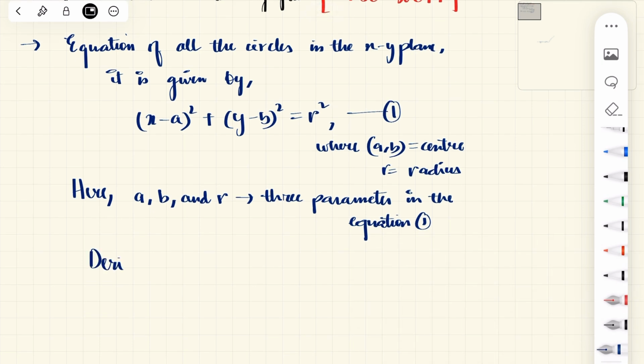So the derivative of the equation number 1. We are going to differentiate this equation number 1.